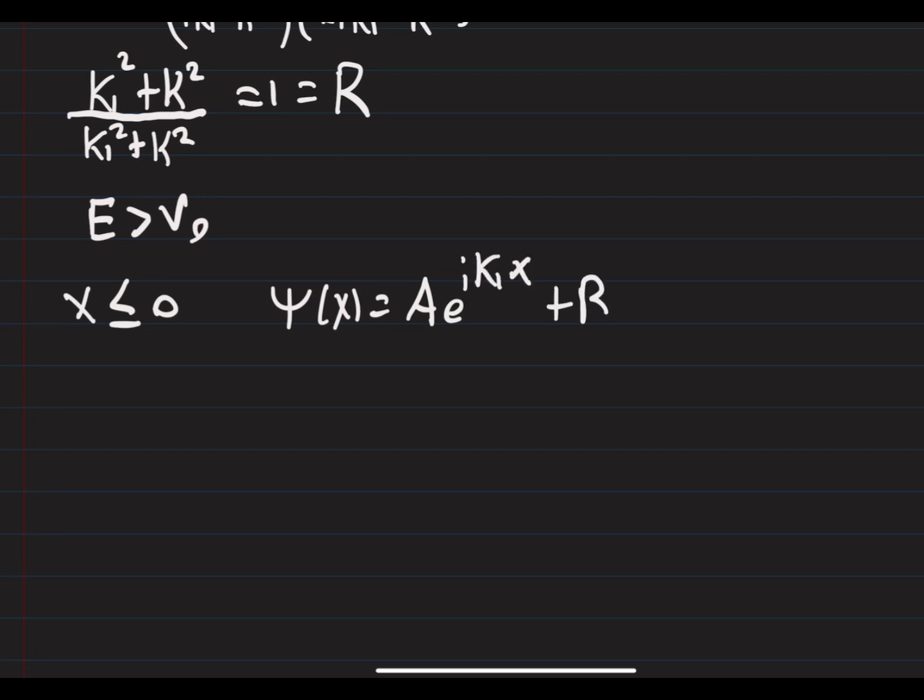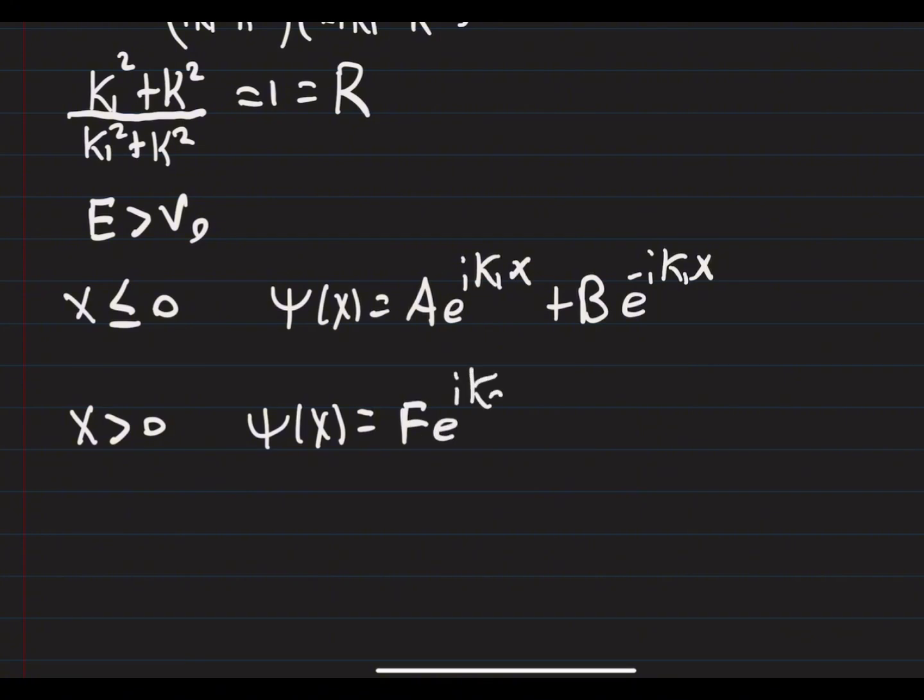But what does change is when we look at x greater than 0, it's going to be set up the same way, where psi of x equals f e to the i, we'll call it k2x instead of kappa.